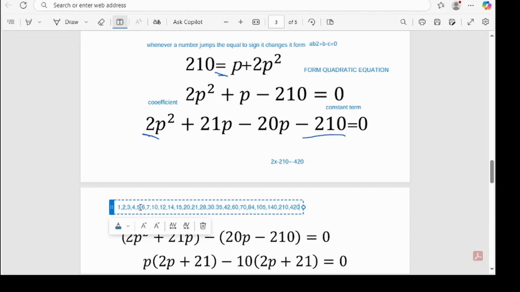So we have all the factors that can go into negative 420.